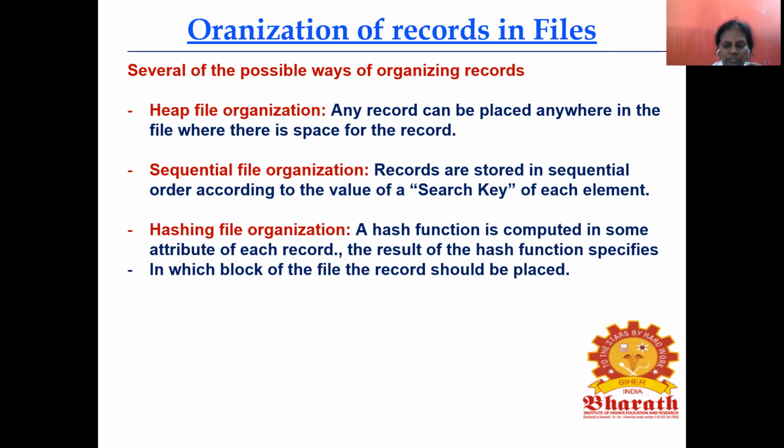So where there is space, the hash function specifies it, and the record will be placed there. So the possible ways of organizing records are heap file organization, sequential file organization, and hashing file organization. Okay, next slide.